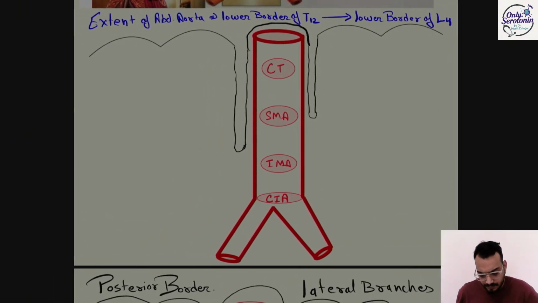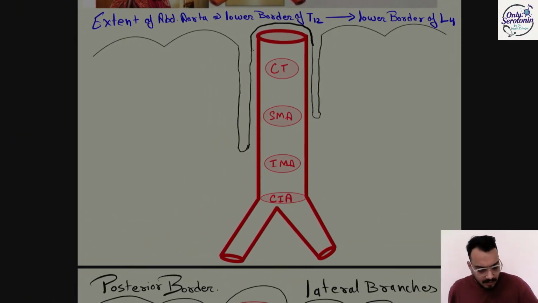Done. Now, the location of all these arteries is very important. The celiac trunk is located at the level of the lower border of T12.